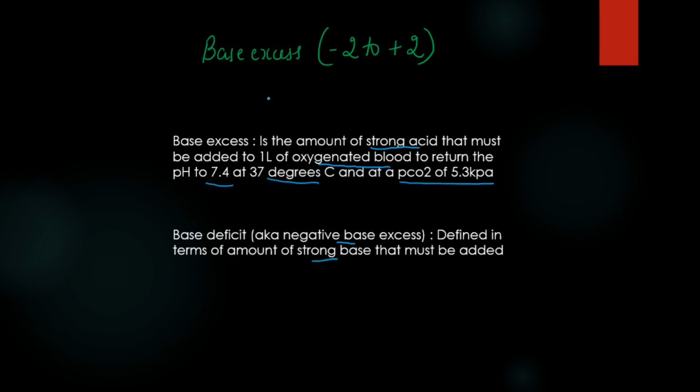So the values of base excess are from -2, let's just assume 0 is here, and +2. So this is nothing to be confused about. You can have values of +3, +4, and so on. And on this side, you'll have -3, -4, -5, and so on.